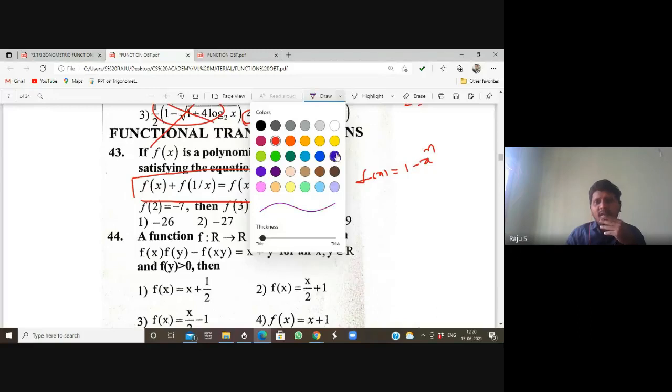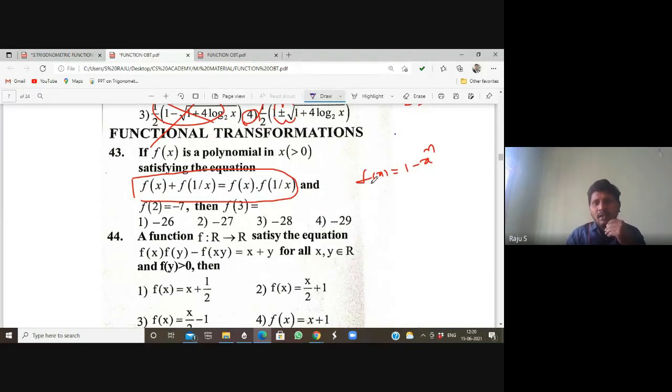We can derive that the function is 1 minus x power n by giving some values. When you replace x by 1 by x in the LHS, some procedure will be there to prove f of x as 1 minus x power n. That is not required.